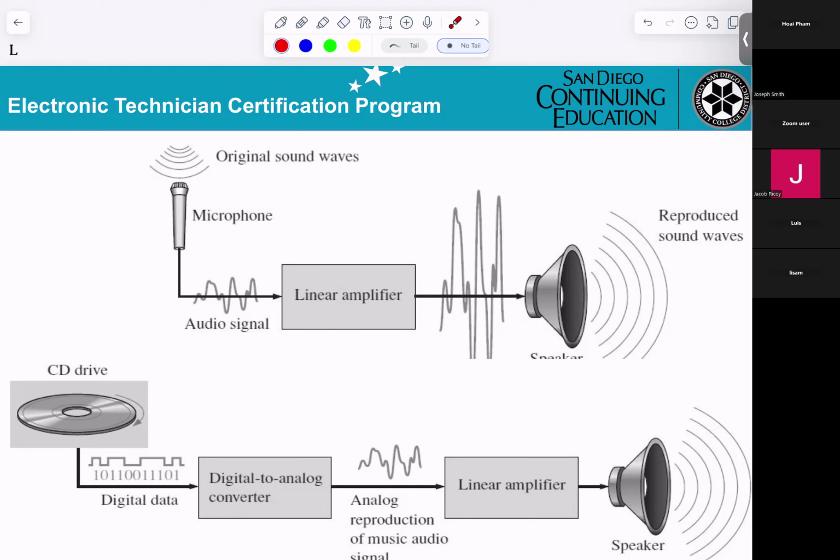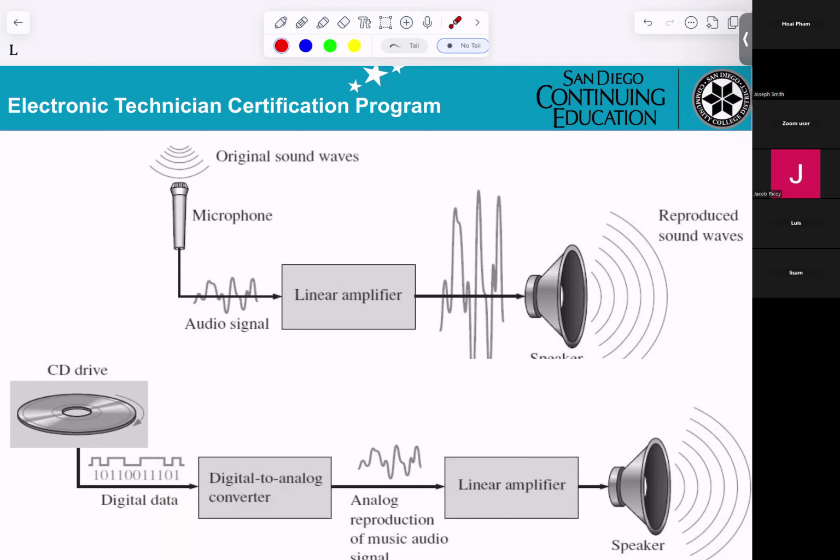So that's why this output must come through a device we call a digital to analog converter. Okay? That conversion will be in your program. When you learn, you can see how they convert it from digital to analog.